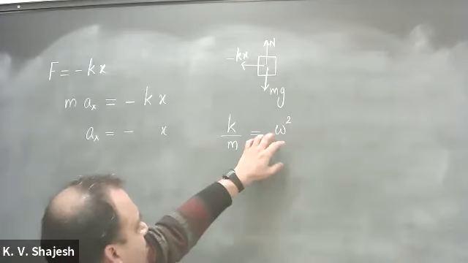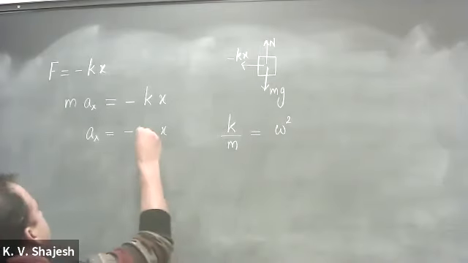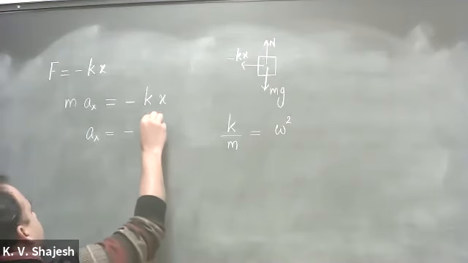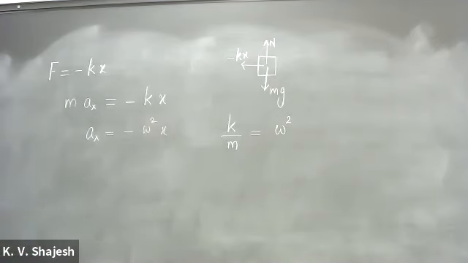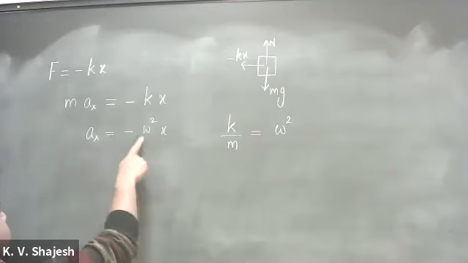And again, that's exactly the same omega that is showing up, but at this point it is not very clear what exactly that is. But whatever that is, let's put that in here. We'll come to the interpretation part in a moment. So our motion is described by acceleration is equal to minus omega square x.